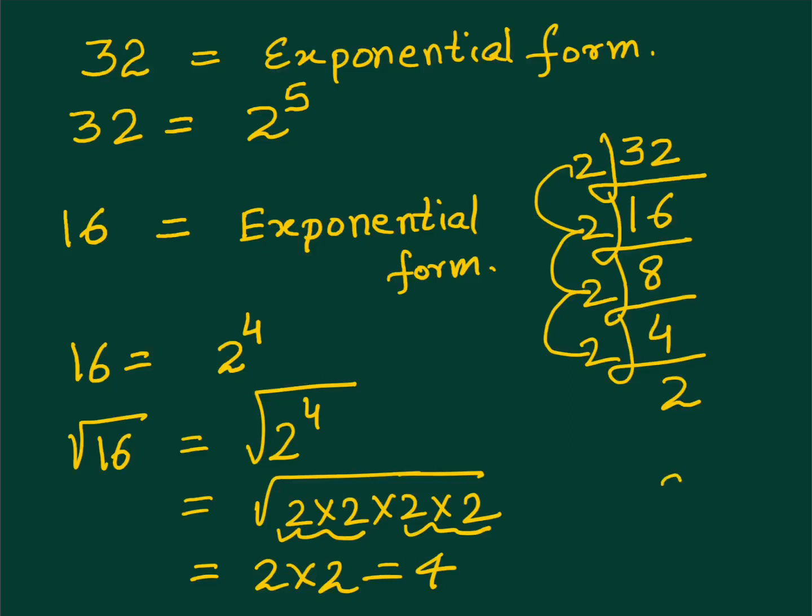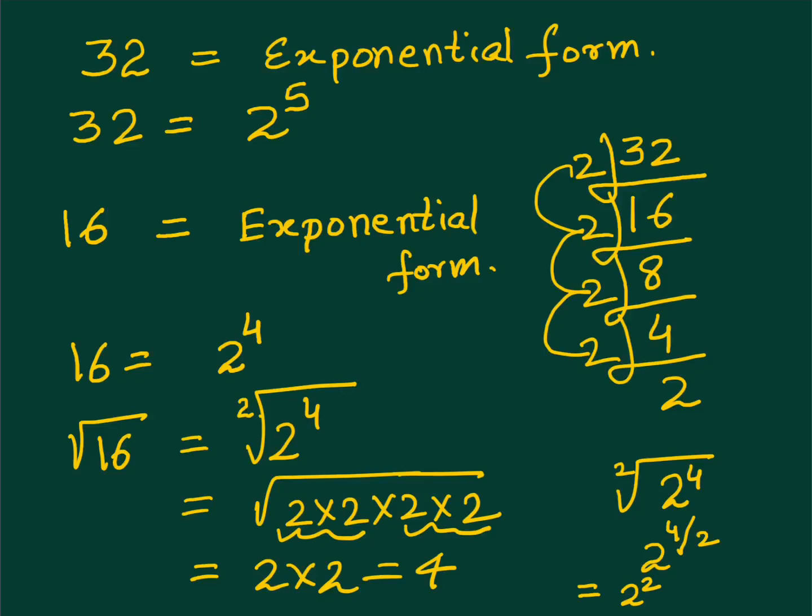We had the square root of 2 to the power of 4. If we don't write a number over here, it's automatically understood that we are talking about the square root. So what did we do? We divided this 4 by the root value over here, the nth root. So I get over here 2 squared.